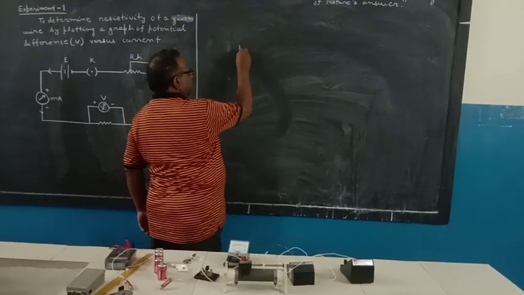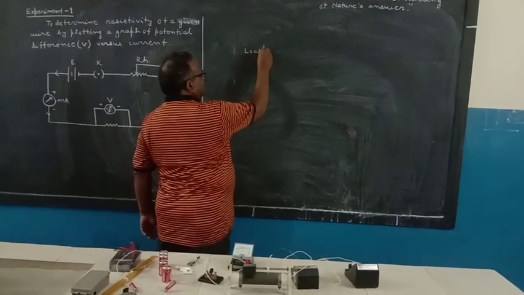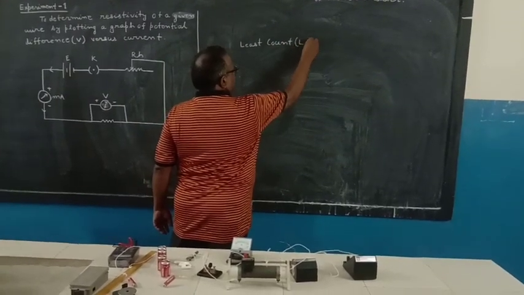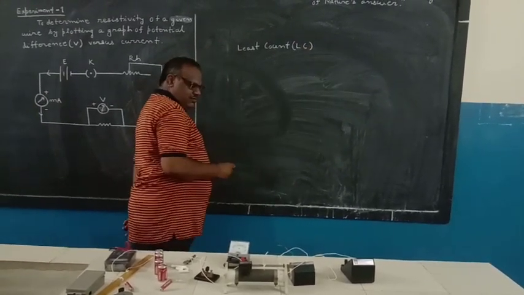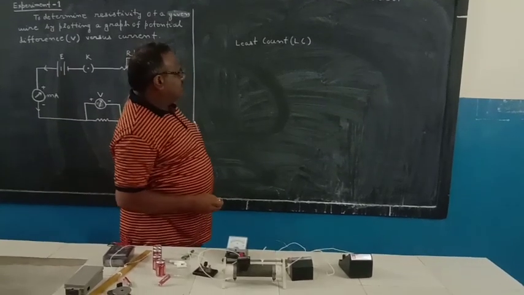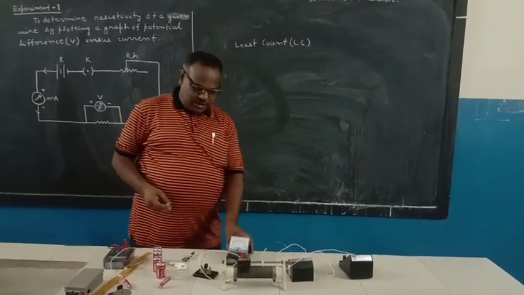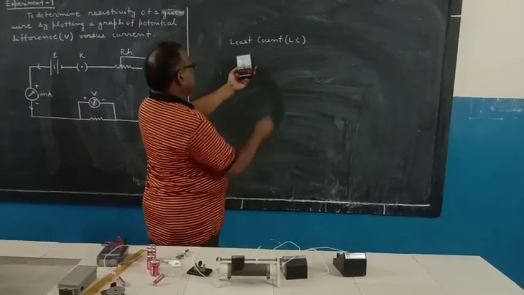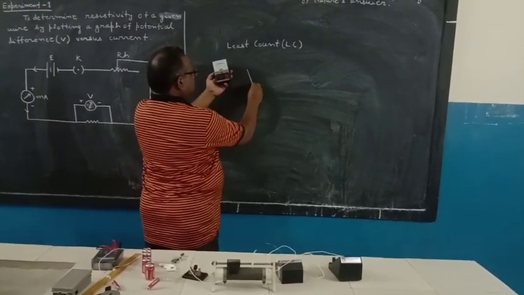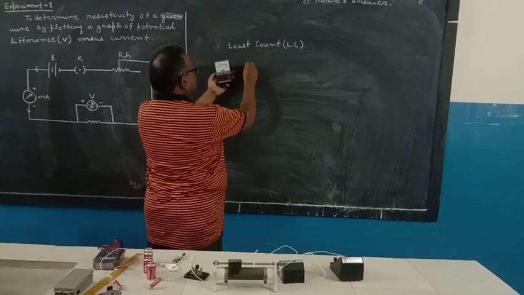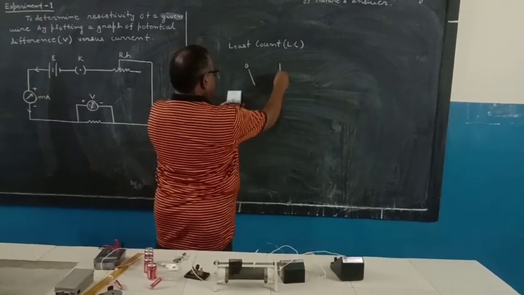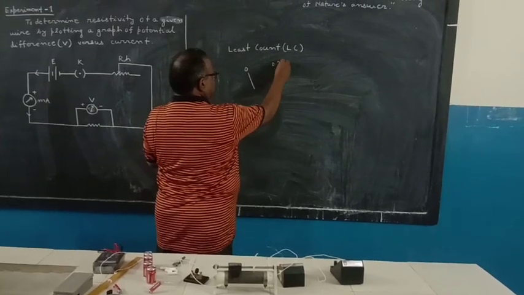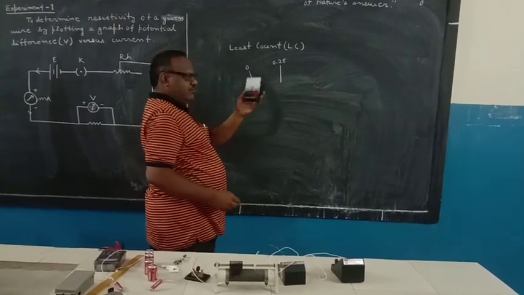Least count is the minimum measurement that can be measured by the measuring instrument. If you see this instrument, here there is a point. This is 0 and here it is written 0.25.